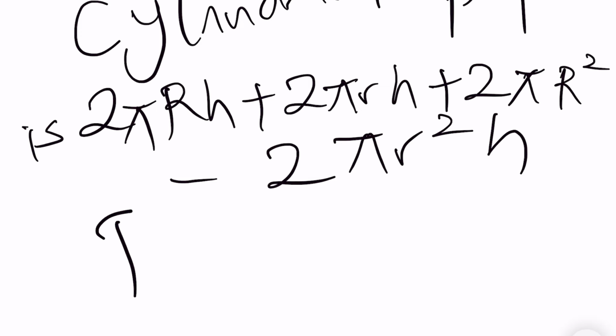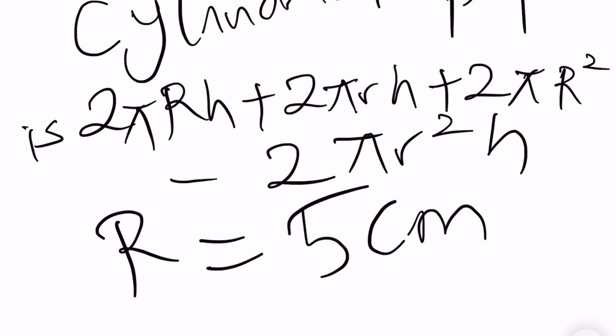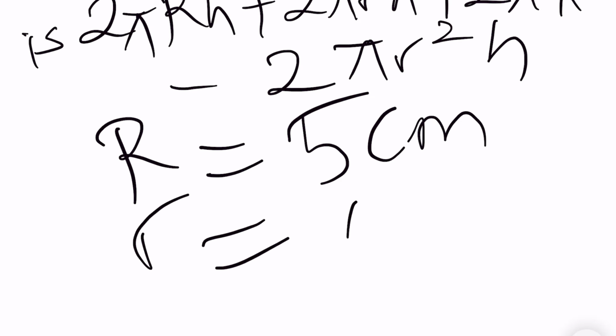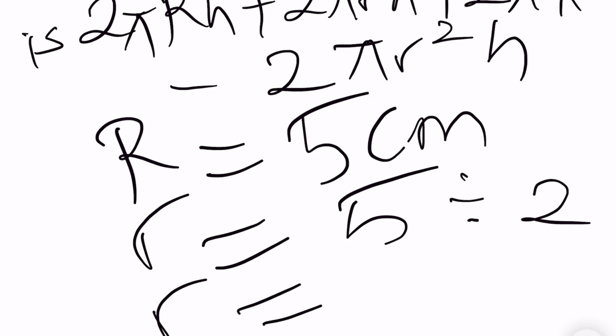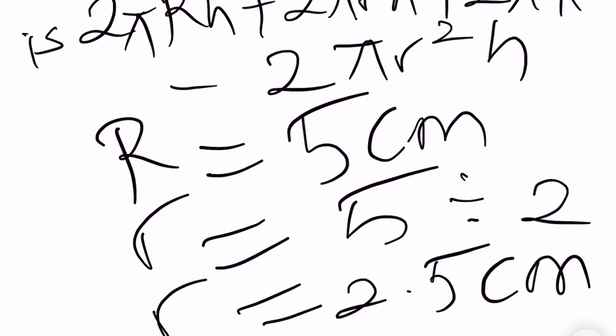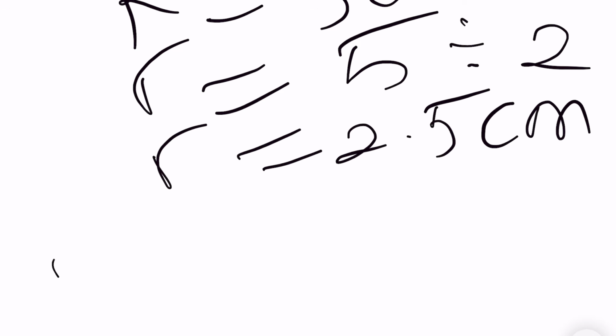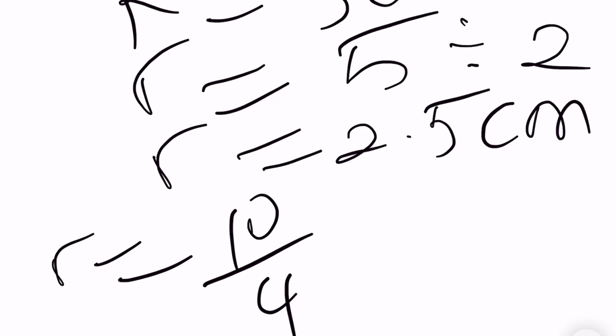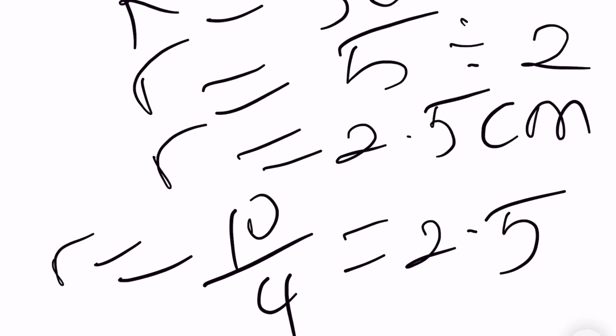Now we have our R to be 5 centimeters. Our small r will be 2.5 centimeters, which is a quarter of the diameter, 10 divided by 4, which is 2.5.